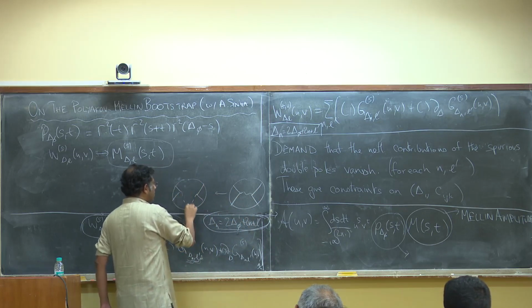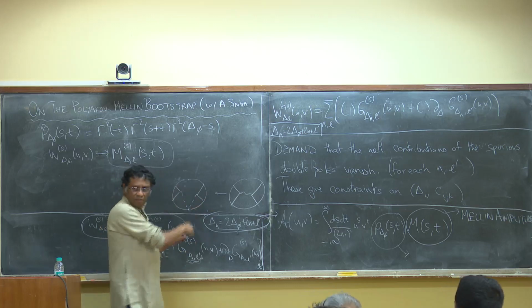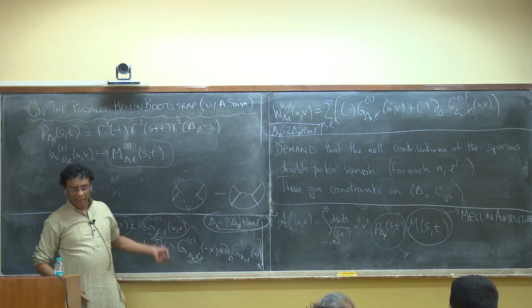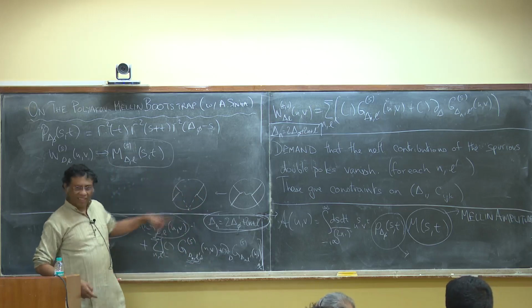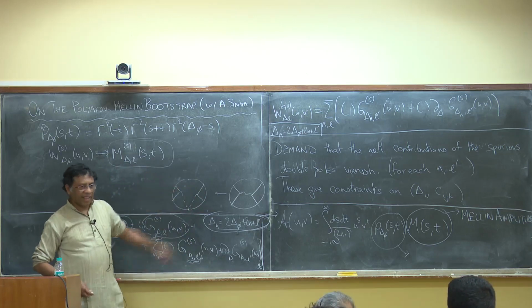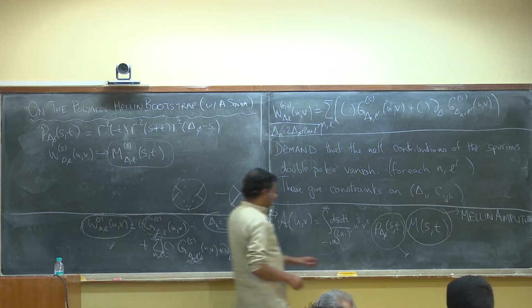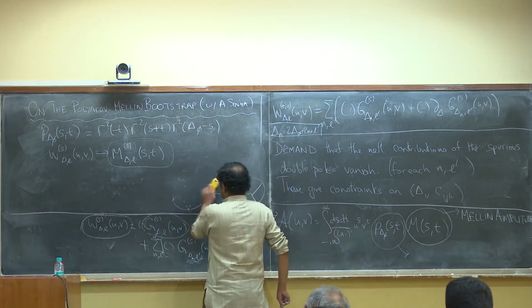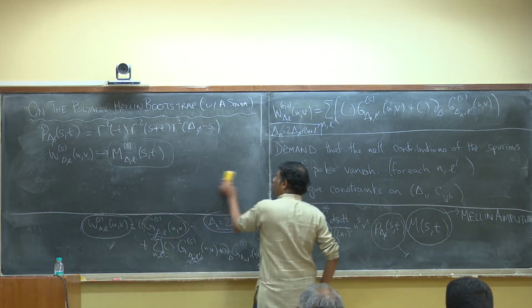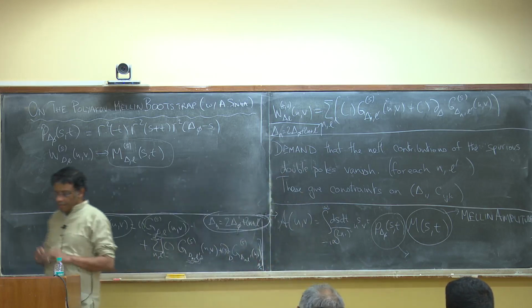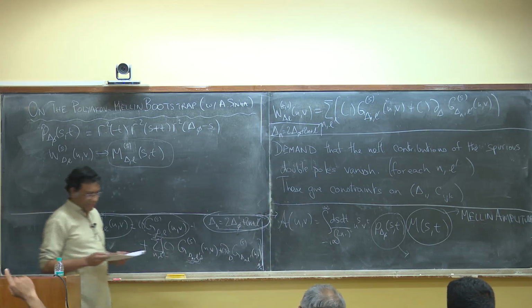You can write the bulk-to-bulk propagators in terms of bulk-to-boundary propagators, integrated over and summed over all the different exchanges and so on. It doesn't matter, but what I will actually use is the final form for it.